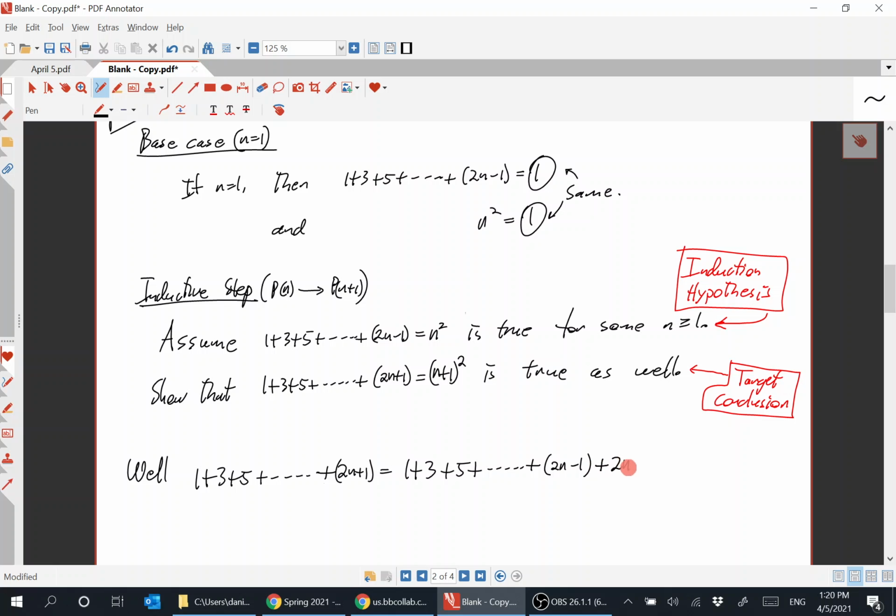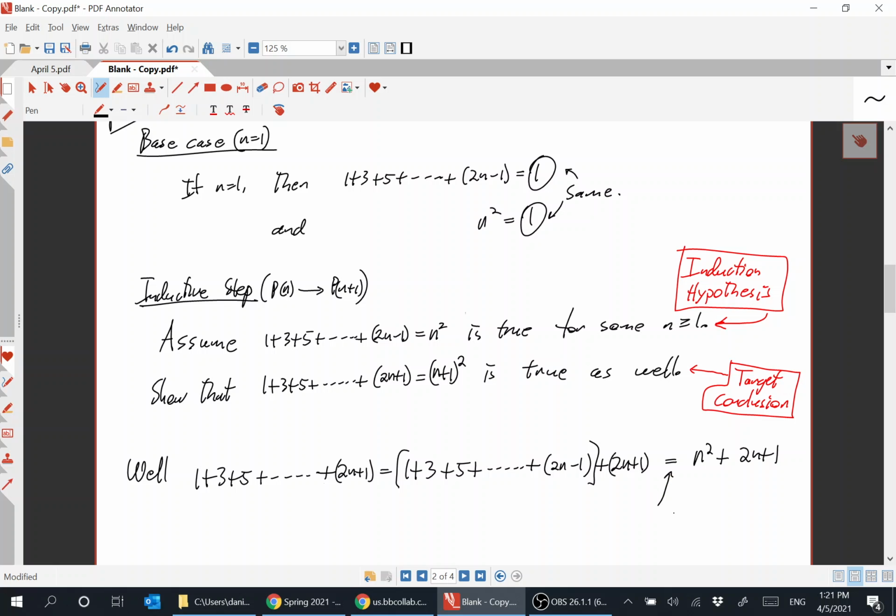And then the 2n plus 1 is the last one there. Well, what do we know about this sum in the brackets? What did we assume? It equals n squared. So this is equal to n squared plus 2n plus 1.